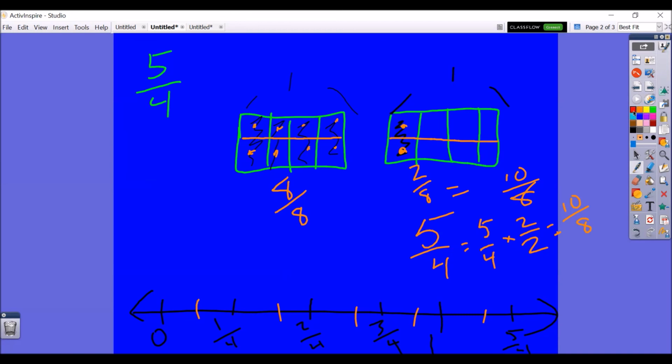So let's go ahead and I'm going to label the eighths, I'm sorry, on the top of my number line. So that's 1/8 right here. Our fourths are going to also be eighths. And then we just keep counting up. 4/8, so that makes sense on the halfway mark. 2/4, 4/8, that's half. Here we go. 6/8, that makes sense.